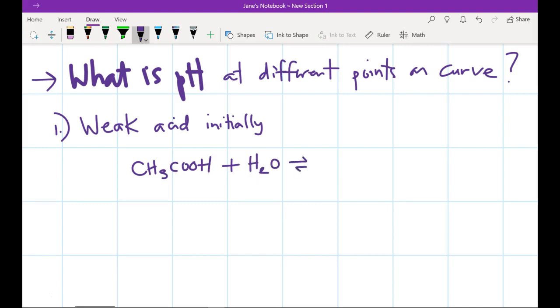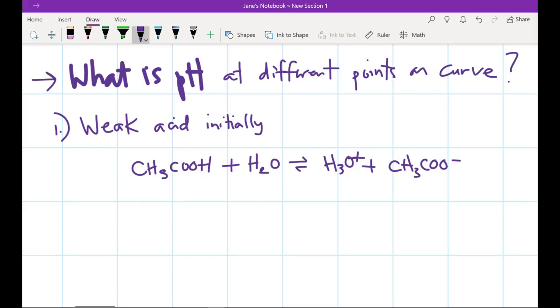So this is the reaction that we're looking at: H3O+ and then you'd have the acetate anion, the conjugate base. So yes, you do need to know how to write that reaction. I'm probably not going to give it to you on the exam.